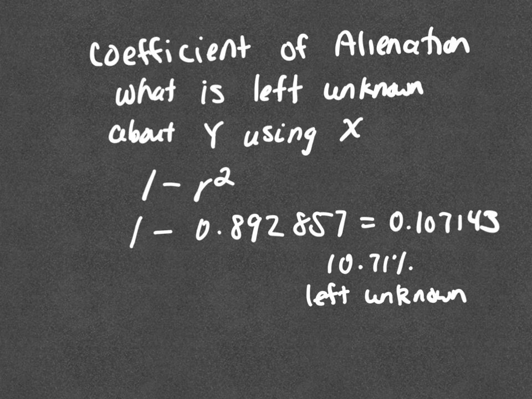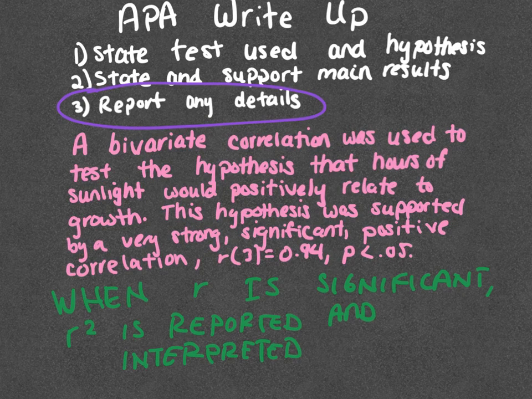The coefficient of determination is reported in the APA formatted write-up when the correlation is significant. The alienation is not typically reported for correlation, but it does give us an indication that there's more out there for us to explore if we want to understand 100% of what's going on with our y variable. When r is significant, r squared is reported and interpreted as part of the APA formatted write-up.